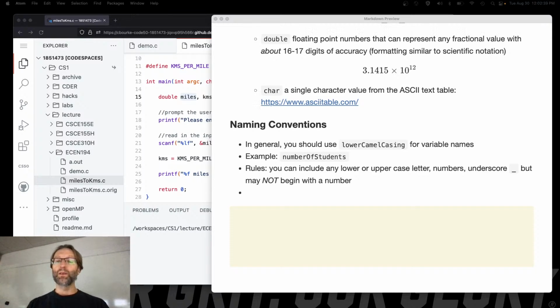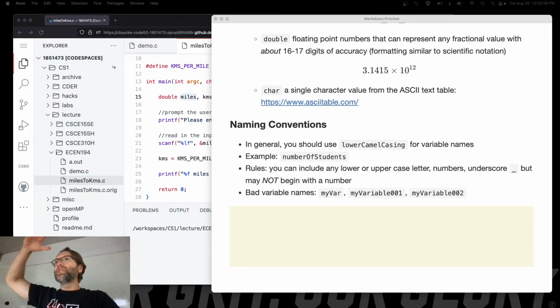Bad variable names would be myVar, or myVariable001, and I need another one, so myVariable002. If you look at that 50 lines down and start wondering what it represents again, you're going to have to go all the way up to your comments.